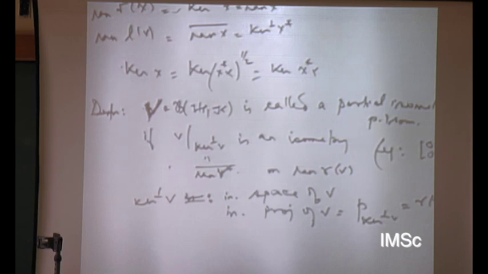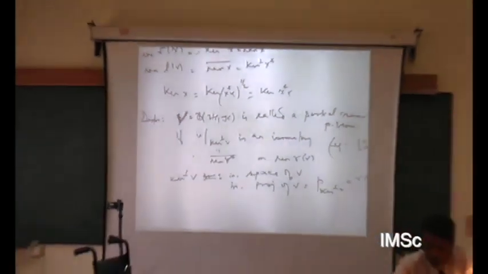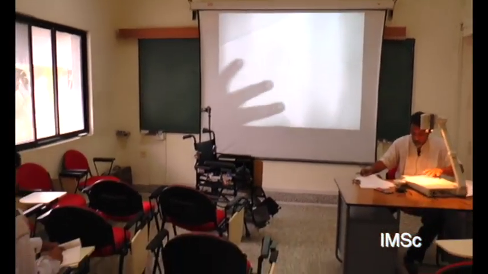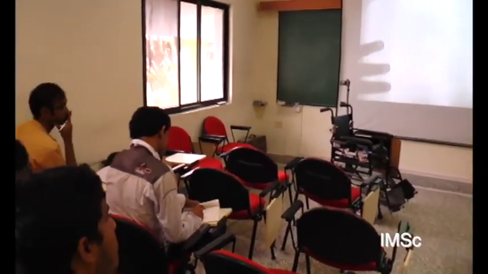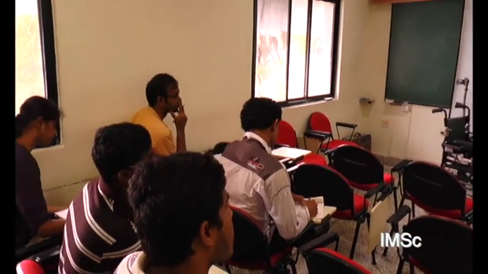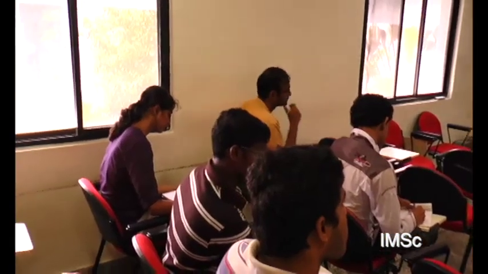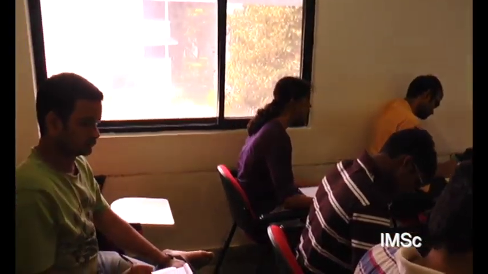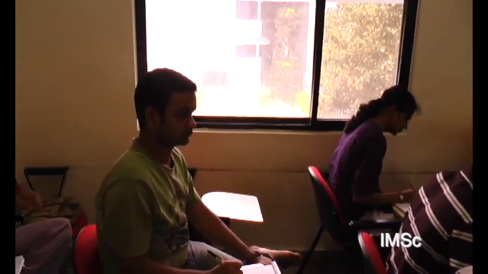Okay. So let us, the next lemma outlines some basic properties of partial isometries. So lemma: let V be in B of H K, then the following are equivalent.